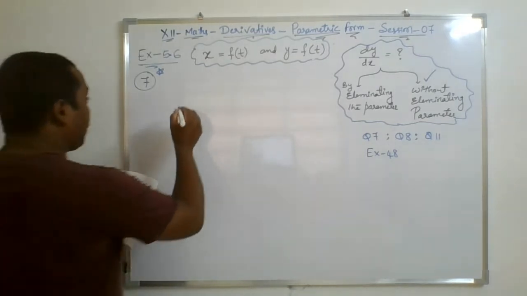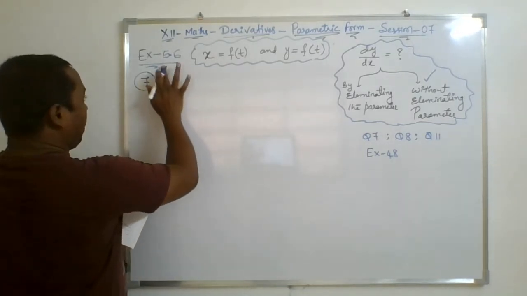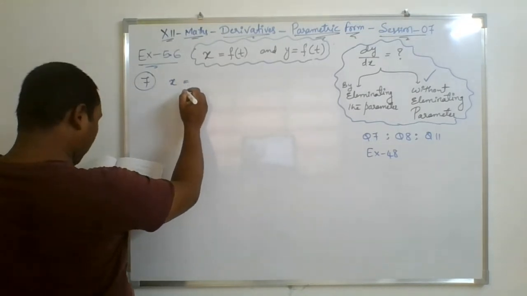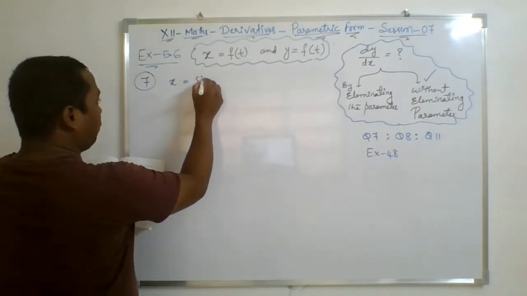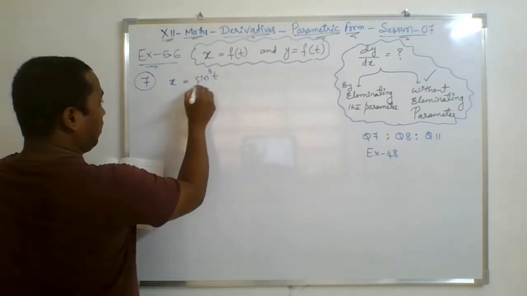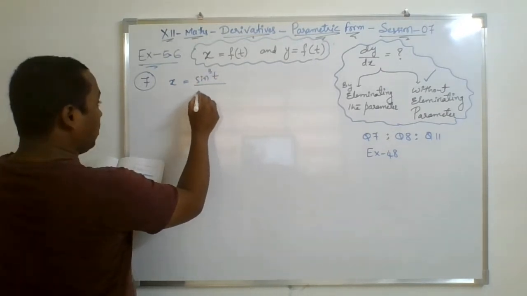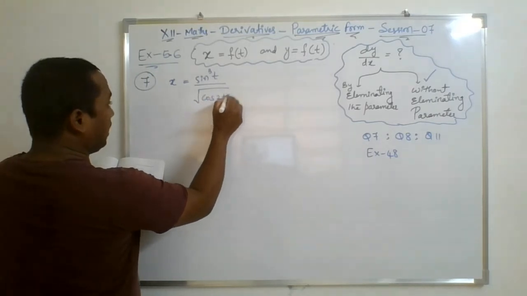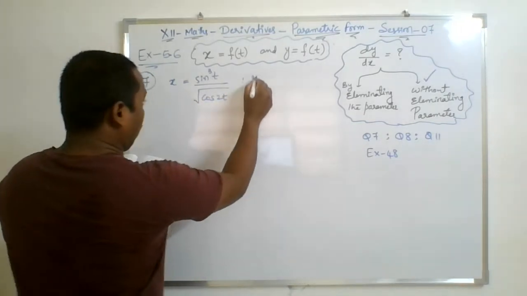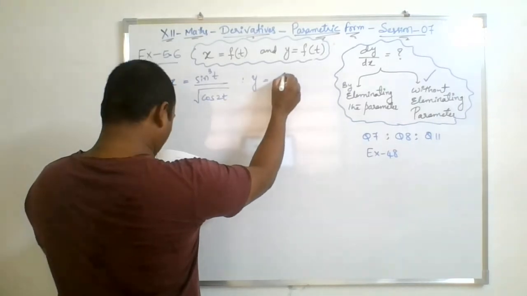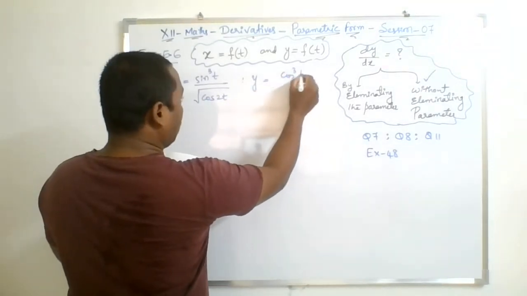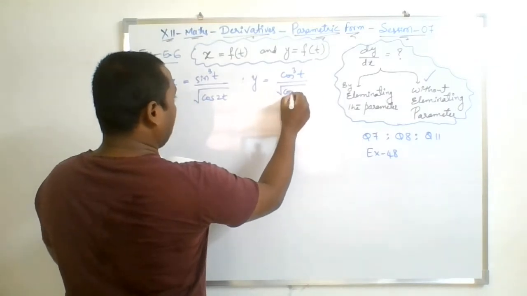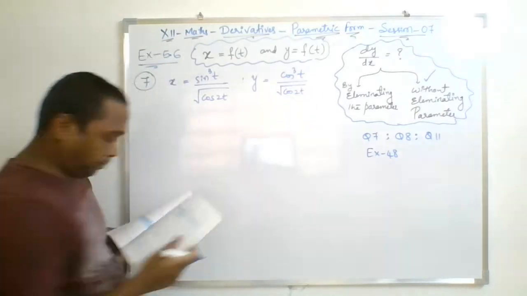The question is: x is equal to sine cube t by under root of cos 2t, and y equal to cos cube t upon under root of cos 2t.